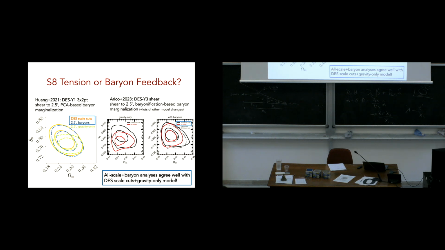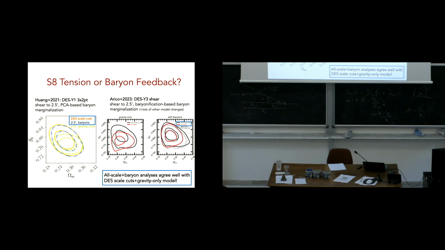I realize now, here we have to look at dashed black versus red. That is DES scale cuts with gravity only versus all scales with baryons. I would say that these two are really pretty well consistent, which means that the contribution of baryonic feedback to the S8 tension appears to be rather minimal.